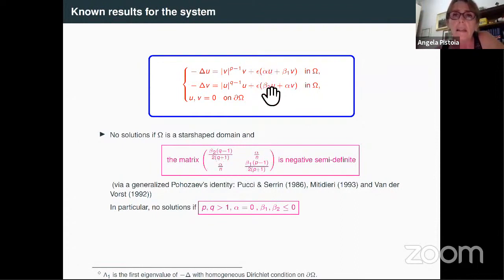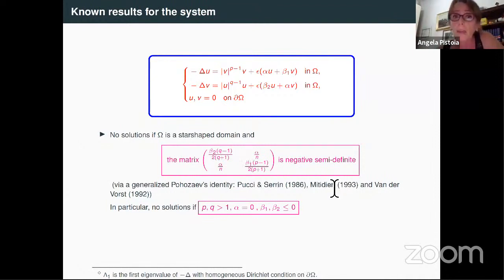Now you see that the linear part depends on 4 numbers, alpha, beta 1, beta 2, and alpha, which can be collected in a matrix. This is similar to the result I just quoted about the Brezis-Nirenberg problem.